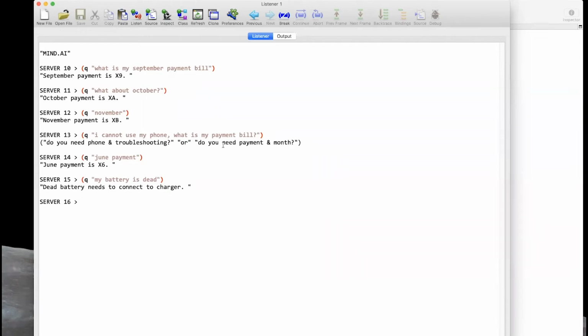So now we've hopped from the payment context to the phone context. So therefore, we're going to try to go again to the payment context. Let's just go for July. Note that we're not saying payment. But you see that we keep the session context the same as payment. So therefore, we just have to refer to July, and we know that we're talking about July's payment.